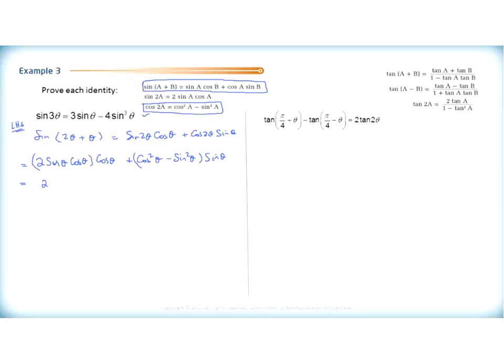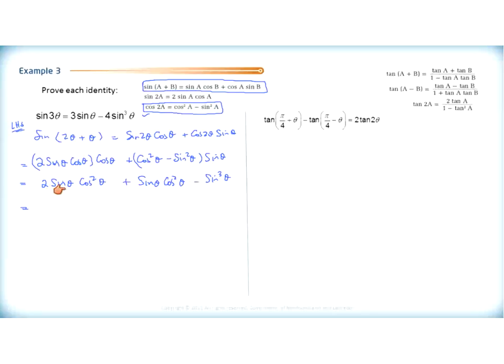That's going to give me 2 sine theta cosine squared theta plus, multiplying, all I do is multiply that together. Cosine squared times sine, I'm going to write that as sine theta cosine squared theta minus sine cubed theta. Now let's see what I get.